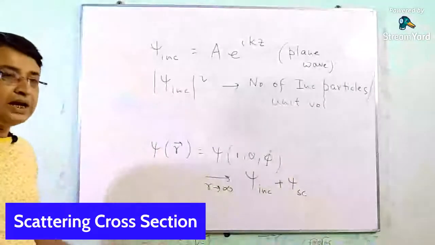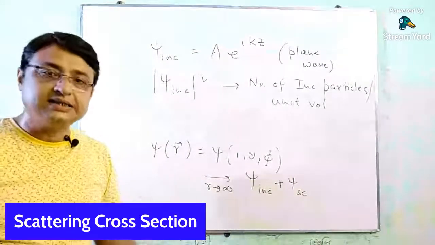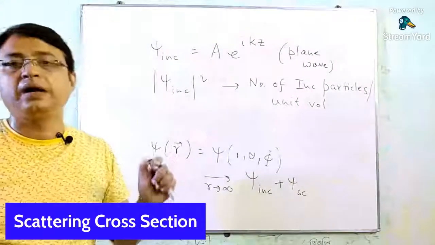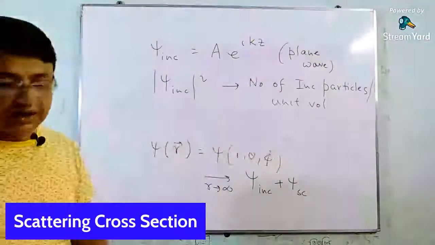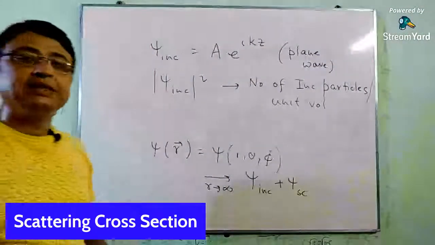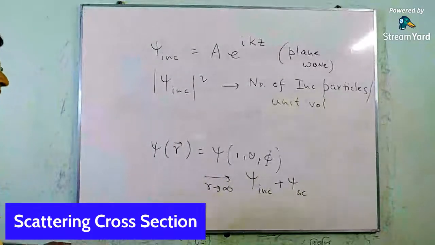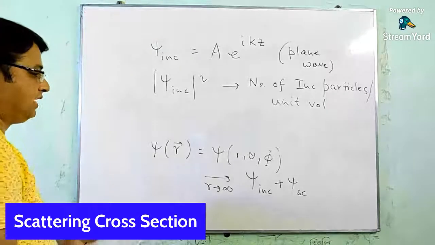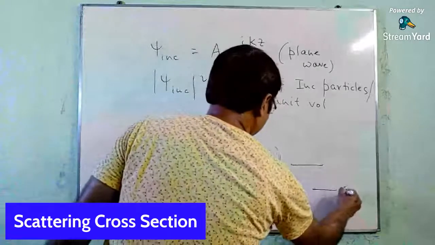So if we normalize psi inc in such a manner that the density of particles in the incident beam is 1 per unit volume, that means that capital A must be equal to 1. Thus, psi inc should be written as equation 2.